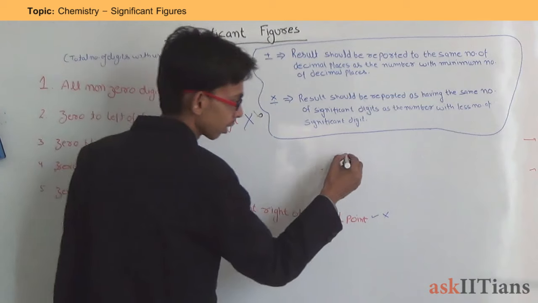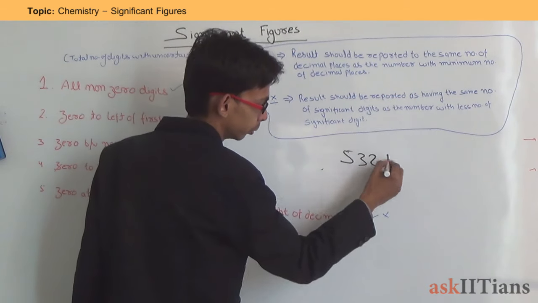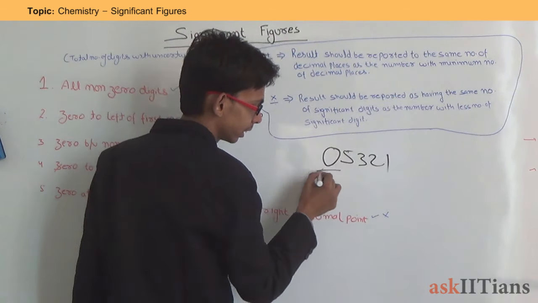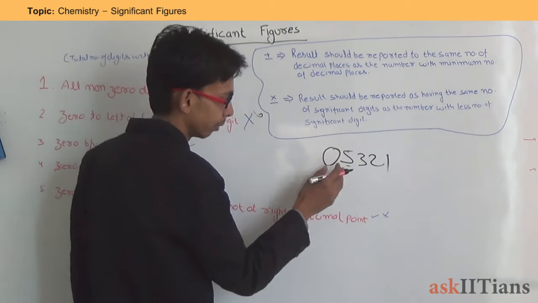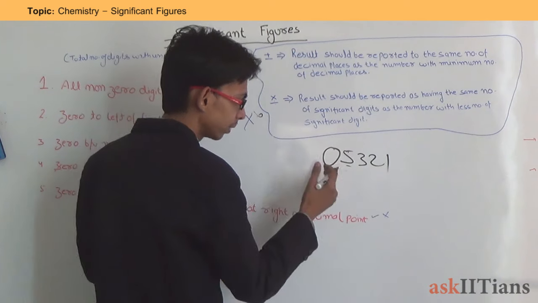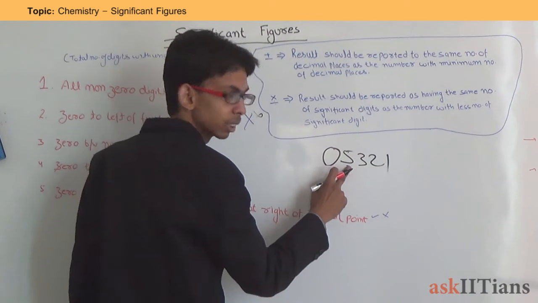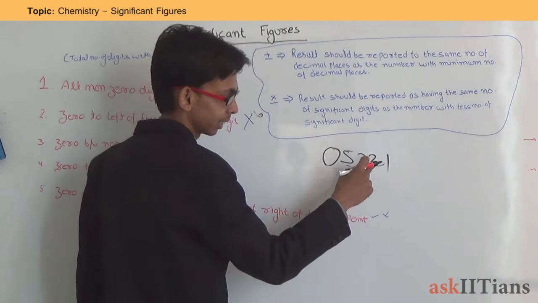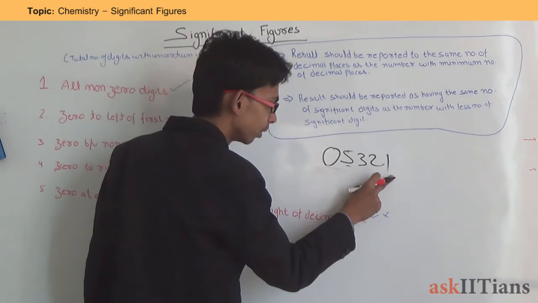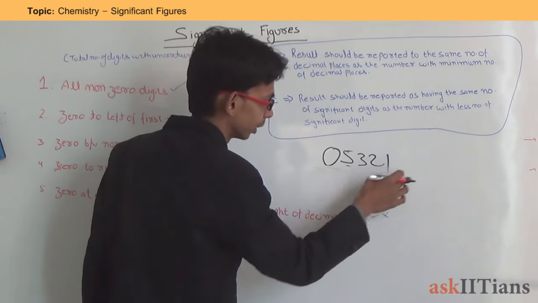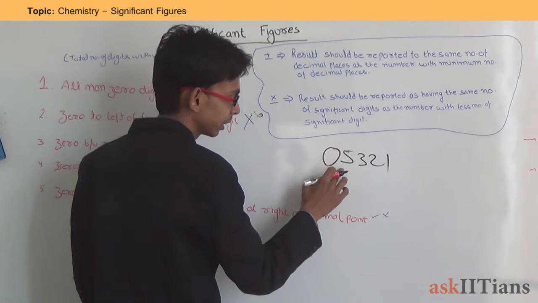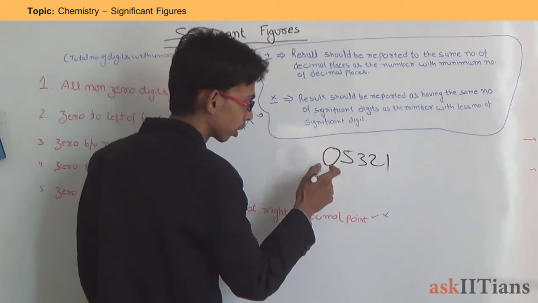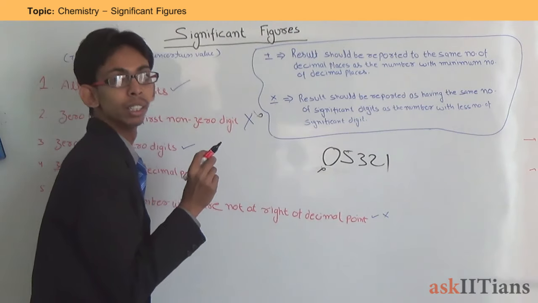That means in 5, 3, 2, 1, with this 0, what is the first non-zero digit in this number? 5. We count from the left side. So this is the first non-zero digit, this is the second, this is the third, and this is the fourth, and so on. So the 0 which is to the left of the first non-zero digit will not be significant.